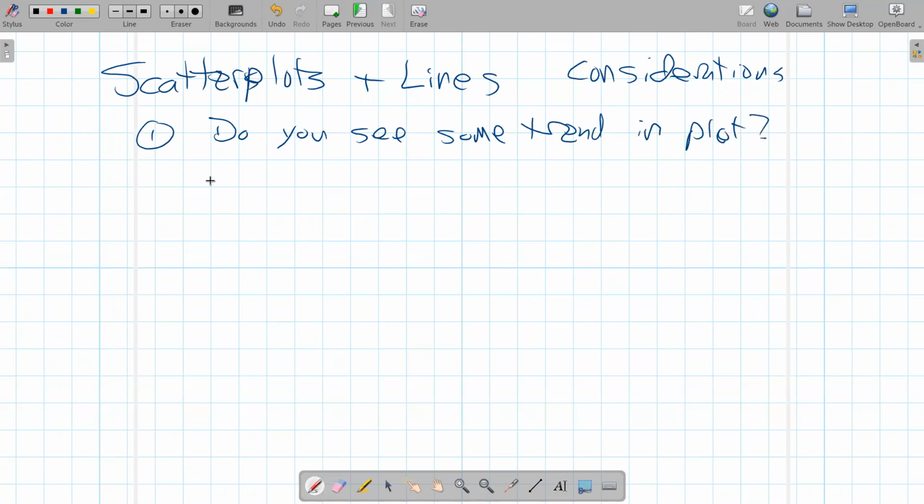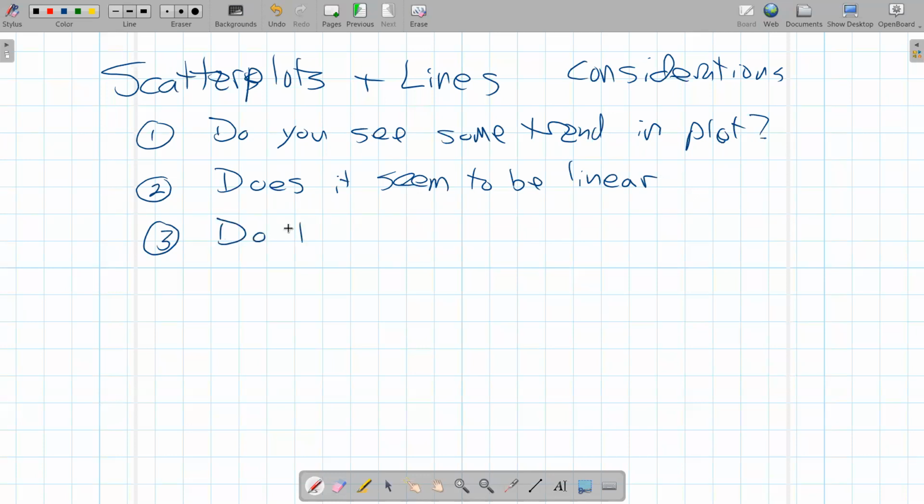So that's the first thing to consider. Second thing to consider, does it seem to be linear? And the third thing to consider, do there appear to be outliers?